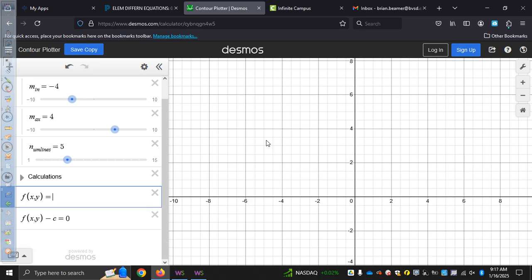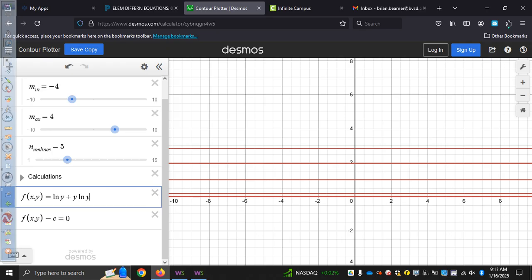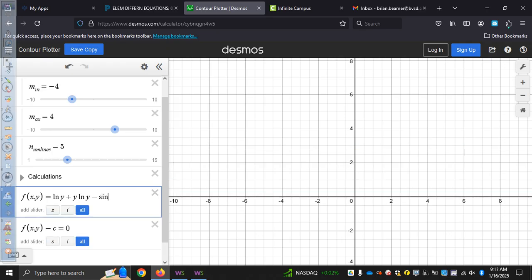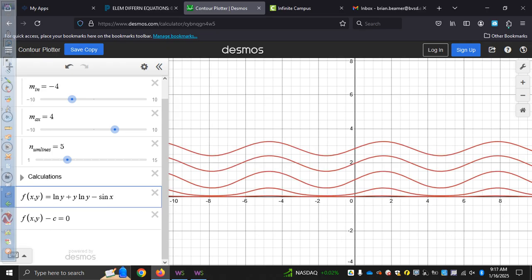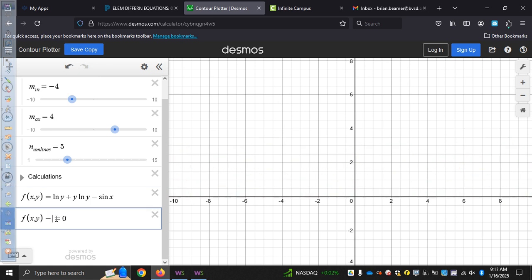What did we have? Natural log y plus y natural log y minus sine x, and our constant, I'm going to change it down here, equals 3. And there's a contour plot of our solution.